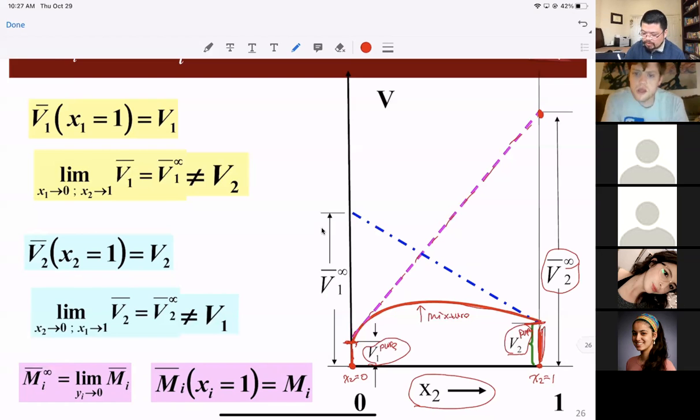Similarly, when you have this x2 goes 1, x1 goes 0, then this is the corresponding maximum partial molar volume for component 1. Otherwise, if you are moving along the curve, then this would be the corresponding values. So you can see that this is a maximum partial molar volume you could have.